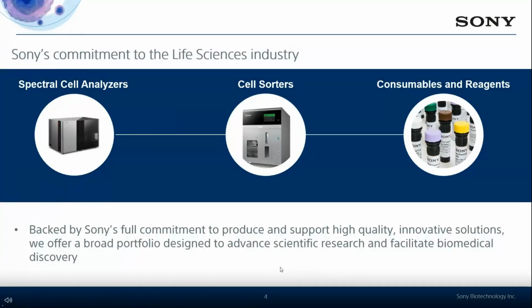Besides the CGX10, we make the SH800, MA900, and FP7000, as well as the necessary consumables and reagents for cytometric experiments. This is backed by Sony's full commitment to produce and support high-quality, innovative solutions in this broad portfolio of different instrumentation for different applications.